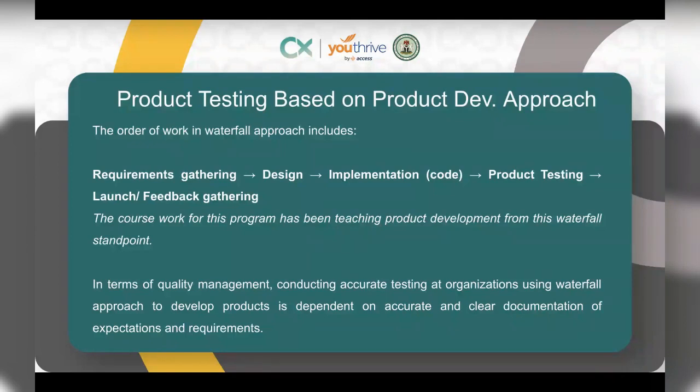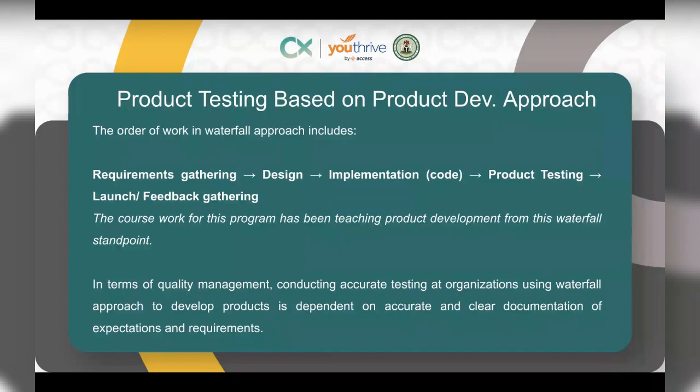In terms of quality management, conducting accurate testing in organizations using the waterfall approach to develop products is dependent on accurate and clear documentation. This just means that in organizations that use the waterfall framework, clear documentation of requirements is very important. In fact, it is crucial.